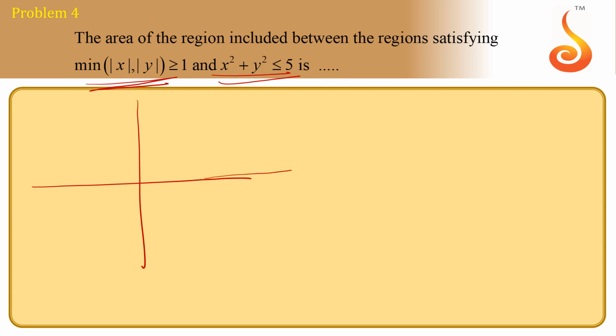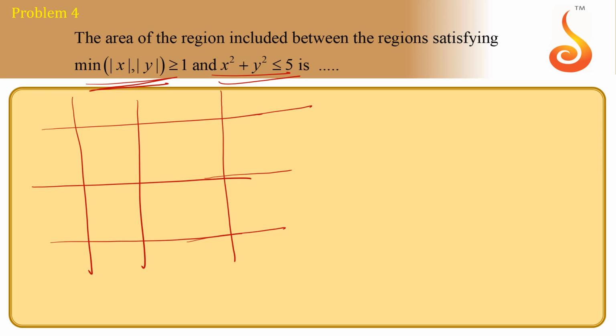So if you take y equals minus 1, y equals 1, x equals minus 1, x equals 1, then these points will be 1 comma 1, this will be some 1 comma 2 or 2 comma 1, because the line is y equals 1, so this will be some 2 comma 1, let us assume. I think 2 comma 1 lies on the circle.